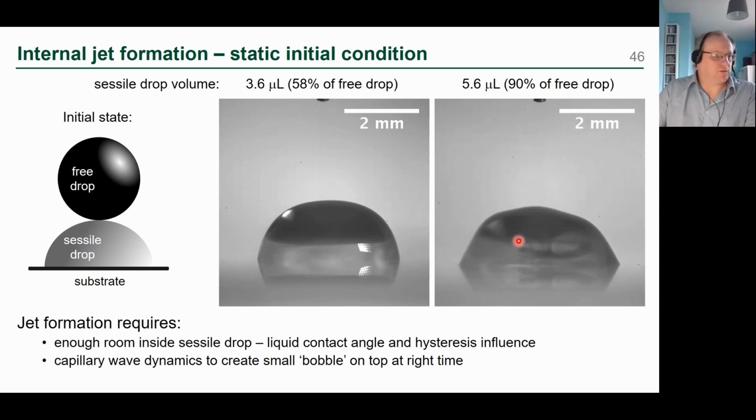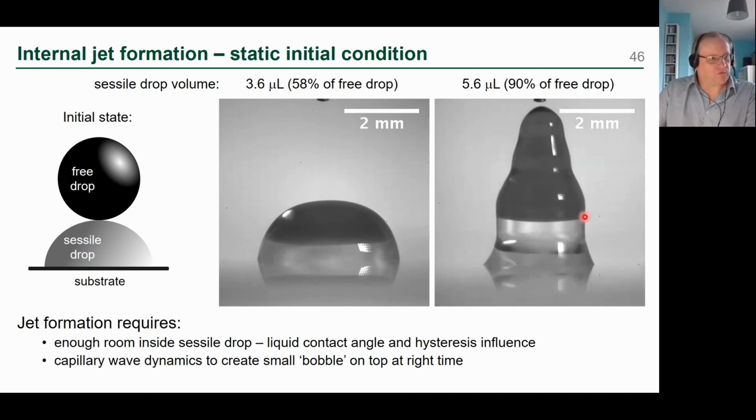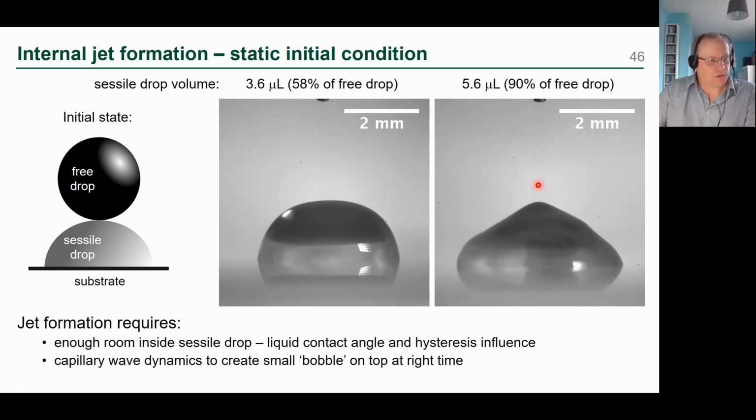This helps to mix things up inside to generate some mixing. And it's related to the formation of this bubble on top of the fluid. As this capillary wave travels around the surface, you can see that bubble on the top there, which then plunges into the droplet and creates this jet.